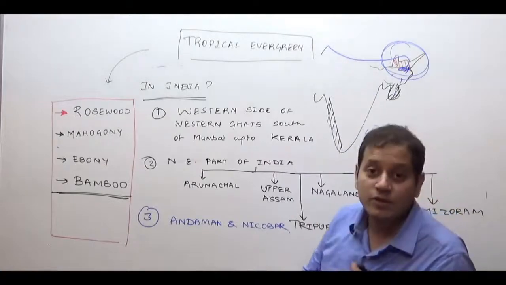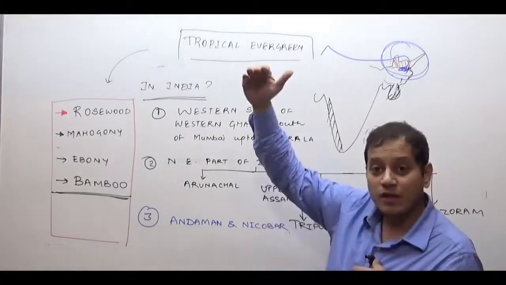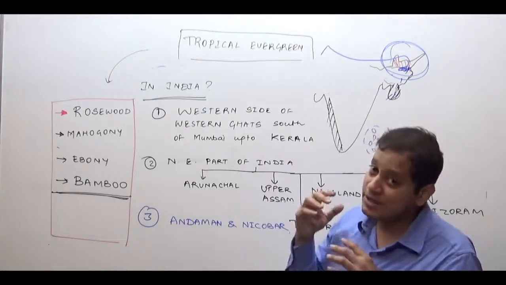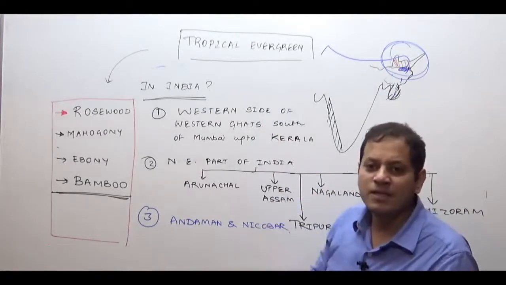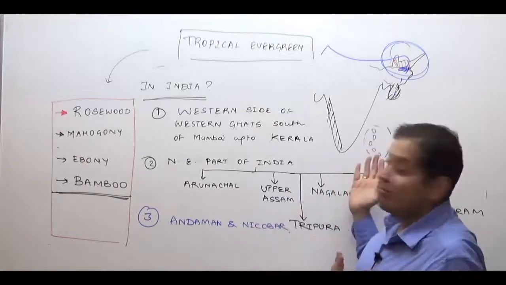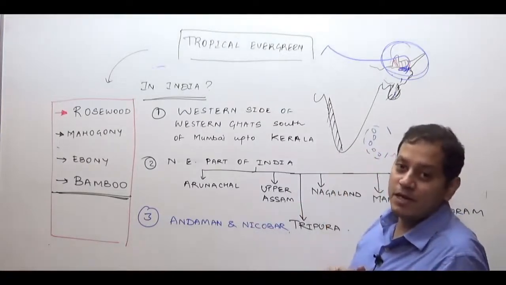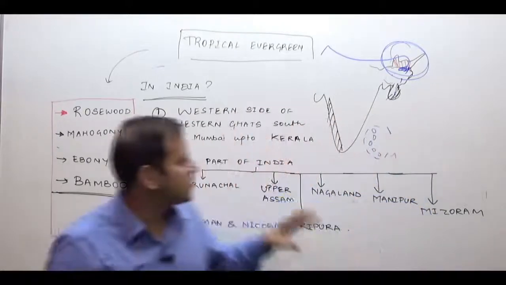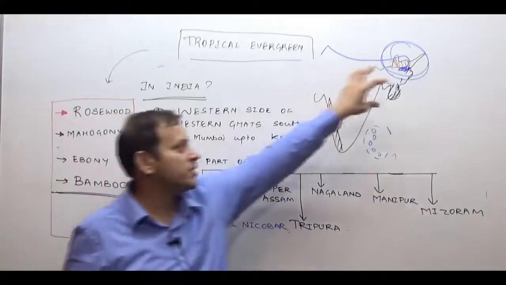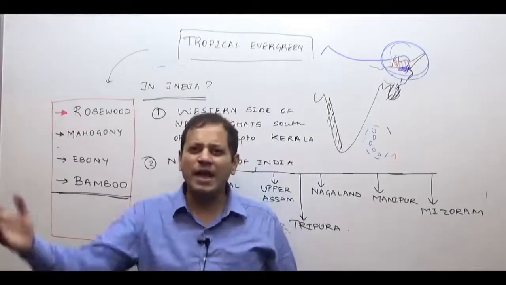Then the northeastern India, including Arunachal Pradesh. Why am I stressing on Arunachal Pradesh? Because the location of Arunachal Pradesh is high, but still it has a tropical evergreen forest, and then the eastern hill complex, and lastly the biodiversity rich region of Andaman and Nicobar areas. And therefore, in India, there are two biodiversity hotspots. One is the Western Ghat region and one is the Himalayas. Why the Himalayas?